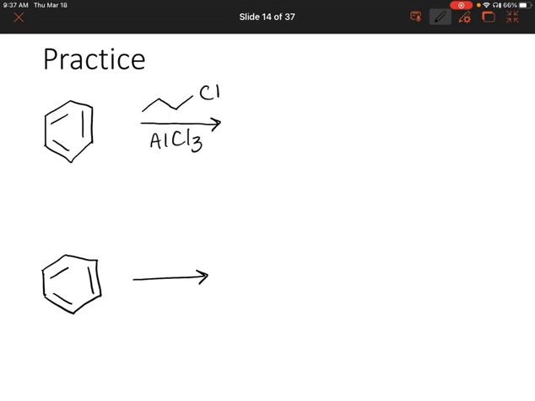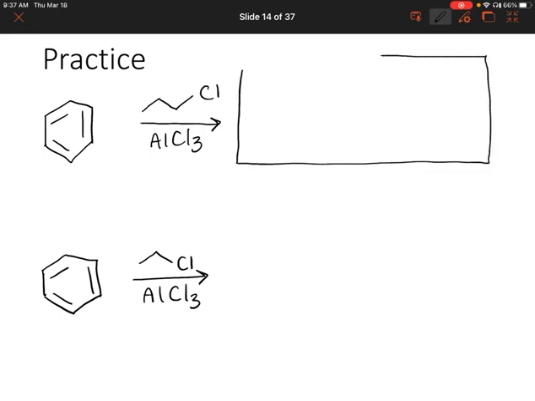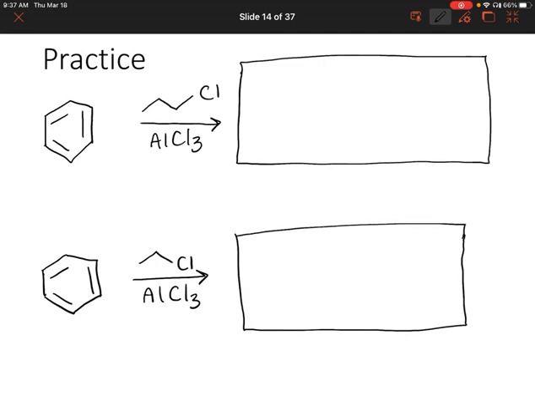In the second problem, we have a 2-carbon chain in the alkyl halide. So we have a propyl group and an ethyl group. All right, and then we'll just draw a big old box where the product or products should go. So I want you to pause the video, try both of these problems on your own first, and then when you're done, we'll go over them together.